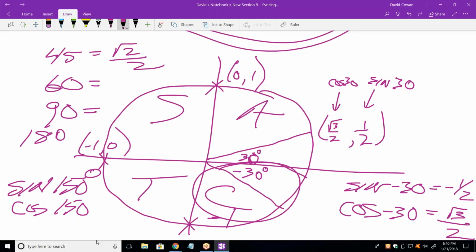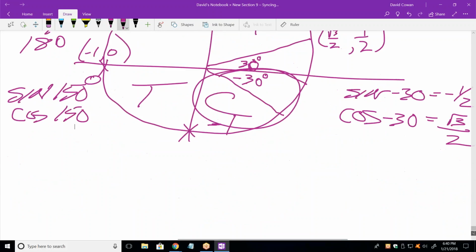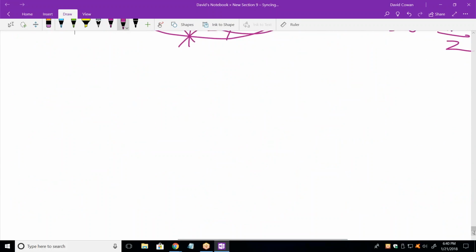Because that's following that same pattern where you figure out the number first and put the sign on it second. You can put the plus or minus sign on it first if you want, and then figure out the number. I just always found it to be a little easier the other way. Oh no, it seems like it's 50-50 for me. Okay, so you know your unit circle good.